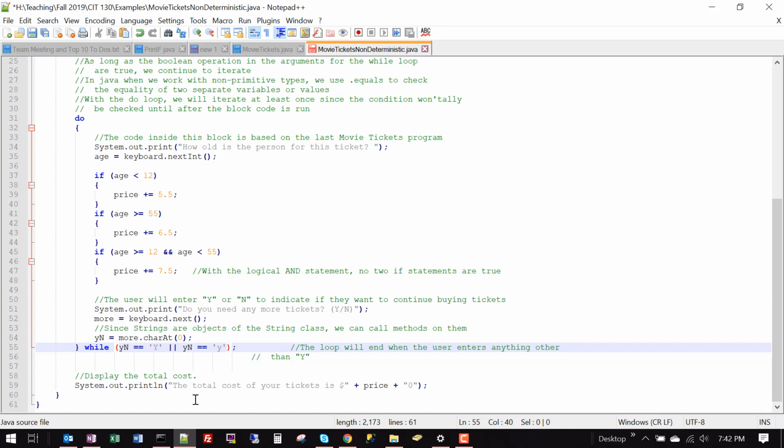So what we're doing is pulling the string off the keyboard, and then just looking at that first character, so that whether the person pays attention to this or not, if they do anything affirmative that starts with a Y, we'll loop again.